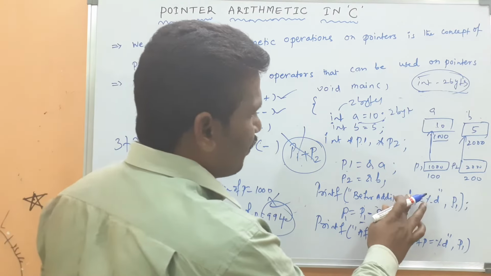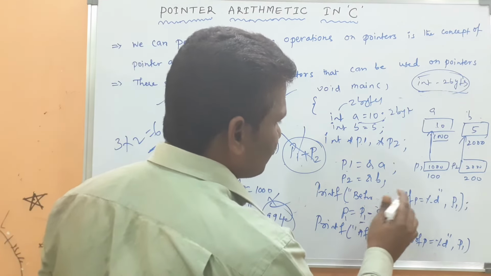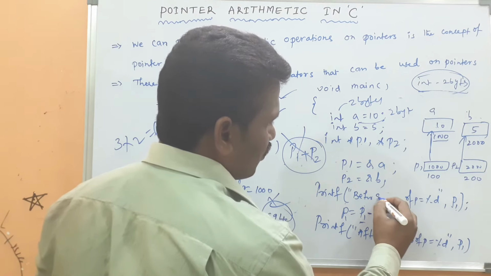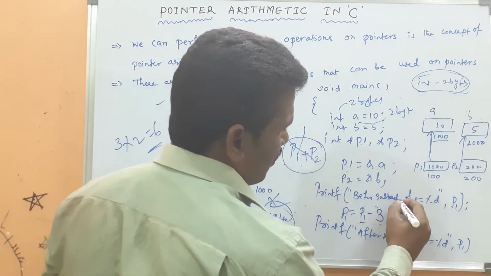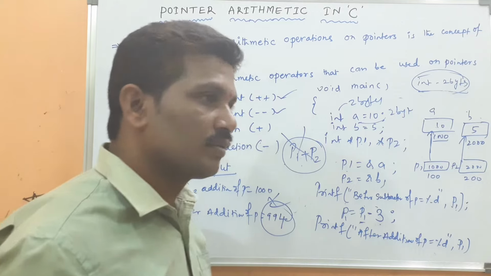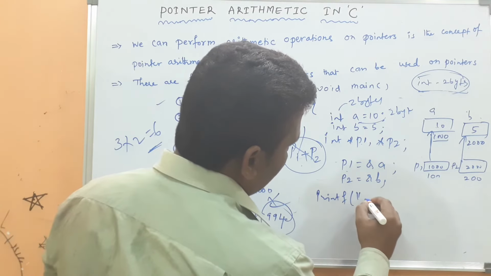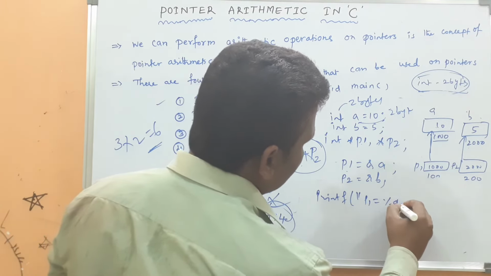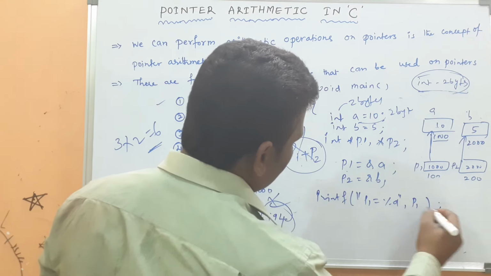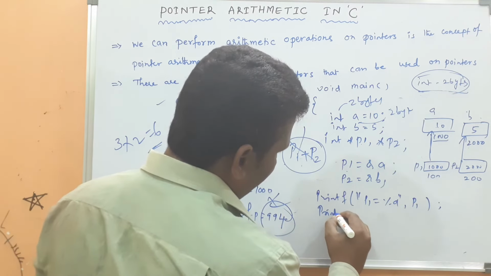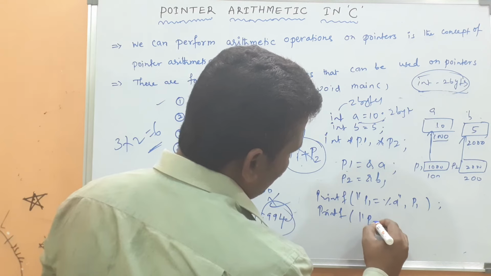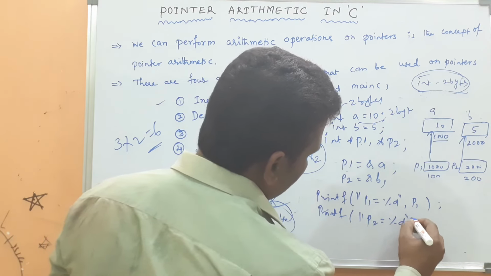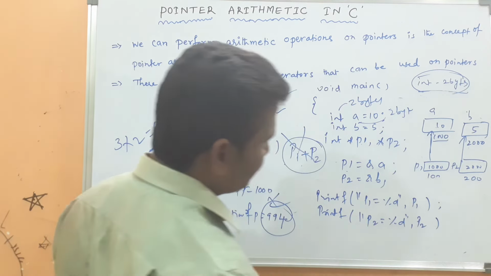Then here, before subtraction, printf "p1 equal percentage d", then p1. Then printf "p2 equal percentage d", then p2.